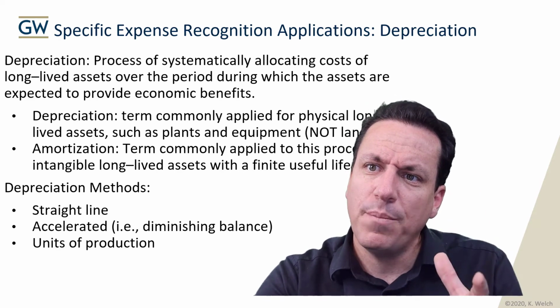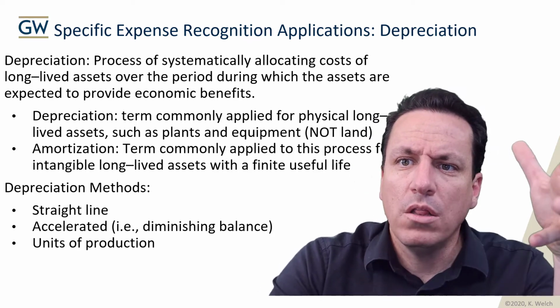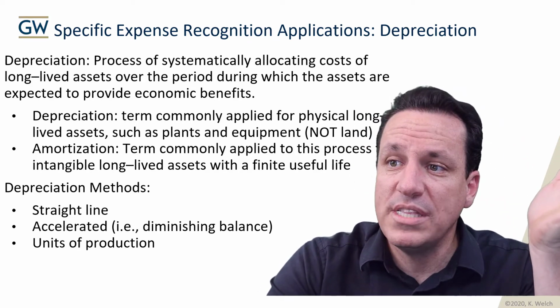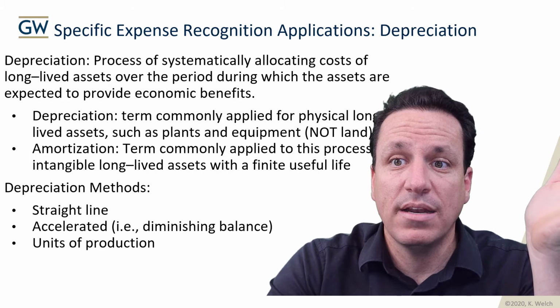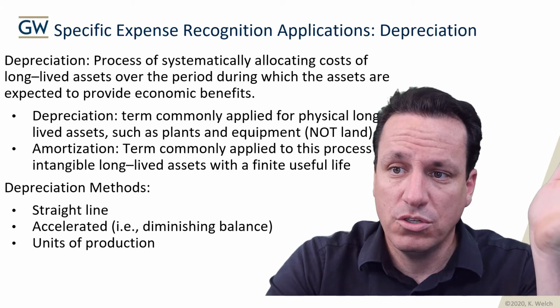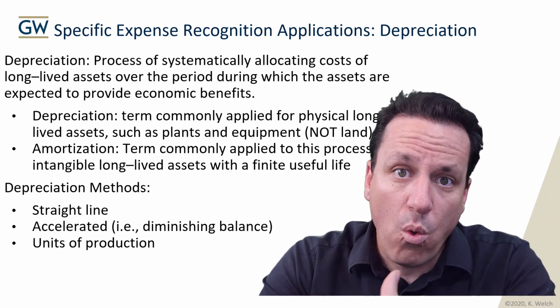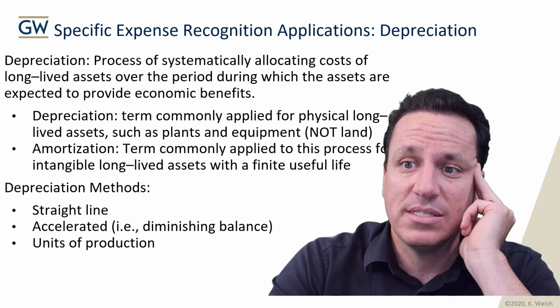Depreciation is a process of systematically allocating the cost of long-lived assets over the period during which the assets are expected to provide economic benefits. Depreciation, a term commonly applied to physical long-term assets, such as plants and equipment, not land, is what we expense related to those assets.